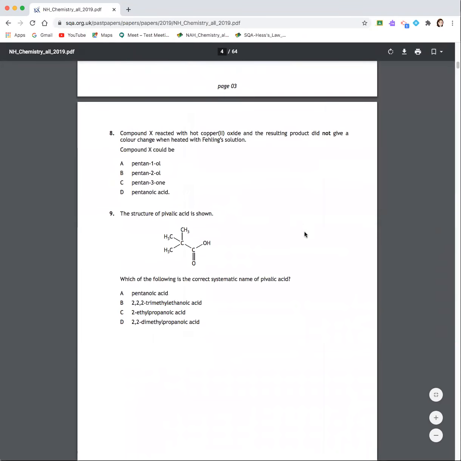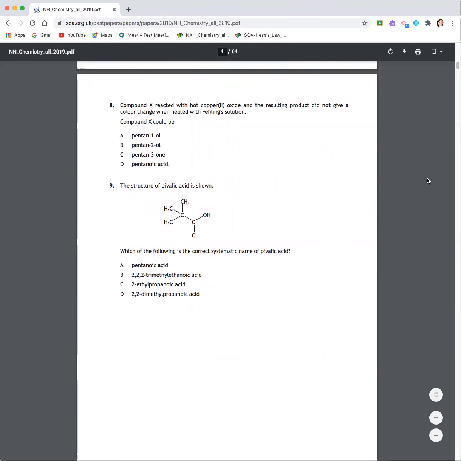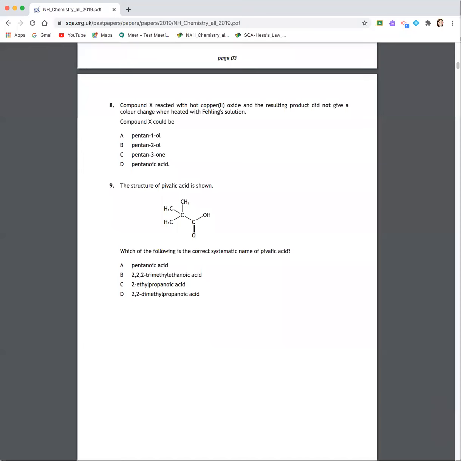And then question 8. Compound X reacted with hot copper oxide, and the resulting product did not give a colour change when heated with the Fehling's solution. So if it reacted with one oxidizing agent, which is what hot copper 2 oxide is, but then it doesn't react with another oxidizing agent, which is what Fehling's solution is, it means that you can only oxidize this once.